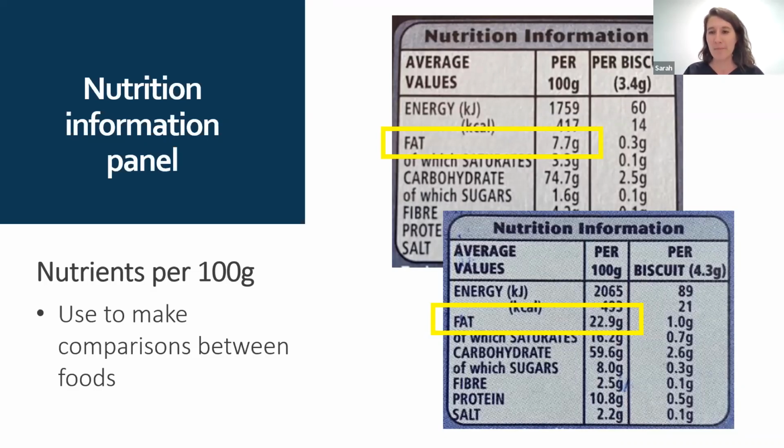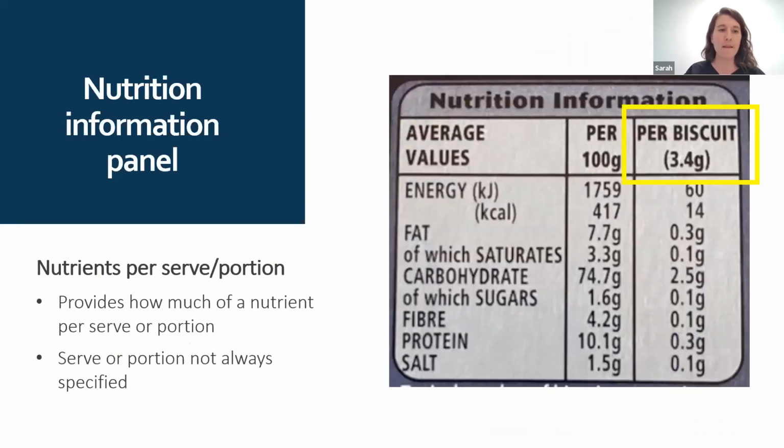I put an example up here on the slide in relation to biscuits. So per 100 grams, product A has 7.7 grams of fat, if that was something you were interested in looking at, and 22.9 grams of fat in the other product. So it makes it nice to be able to compare like-for-like products.